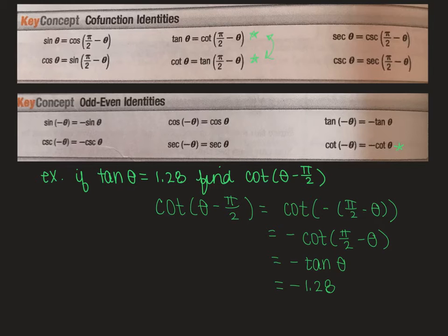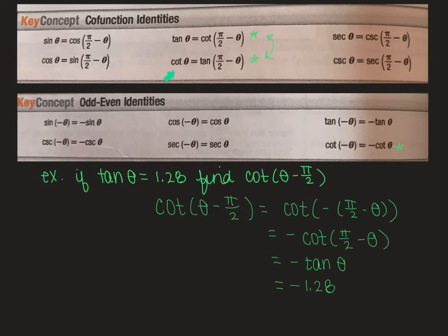So if you look at your cofunction identities, we can manipulate what we have to appear similar to our cofunction. If you look at what I have on this side over here, this cotangent, I factored out a -1. The reason that the -1 was factored out is so that we were left with a pi over 2 minus theta. Looks just like up here.